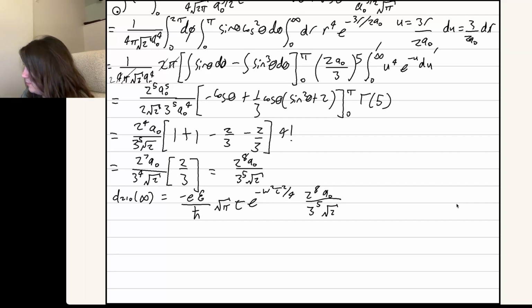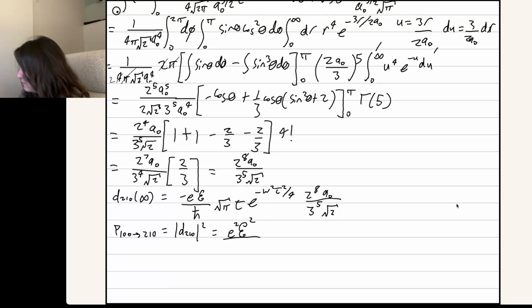And so the probability then that we will go from the ground state into this excited state will be given by that constant squared, which will be fancy e squared over h bar squared, pi tau squared, e to the minus omega squared tau squared over 2.